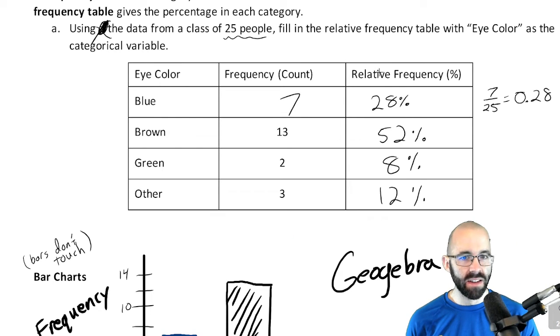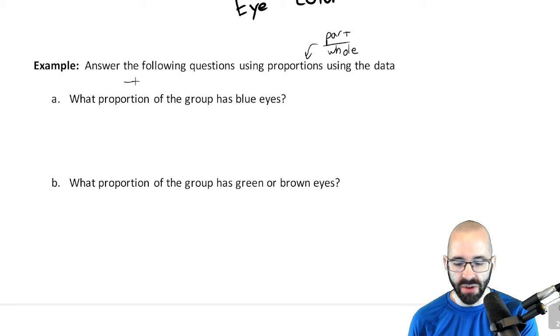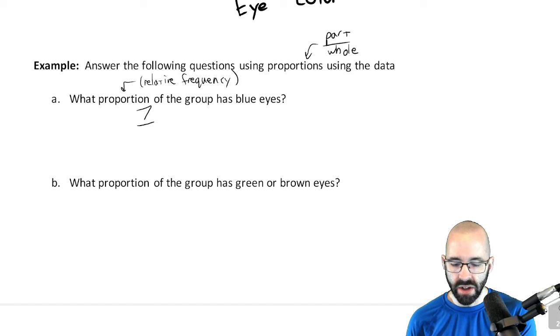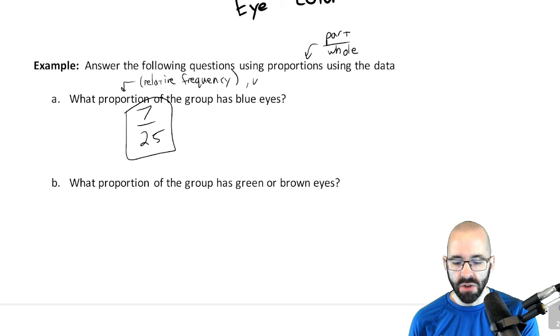Well, it's 7 blue out of 25 total. Proportion is really just the same as relative frequency as well. So you can answer 7 out of 25. Usually proportions are written as fractions. They don't have to be, but usually written as fractions.